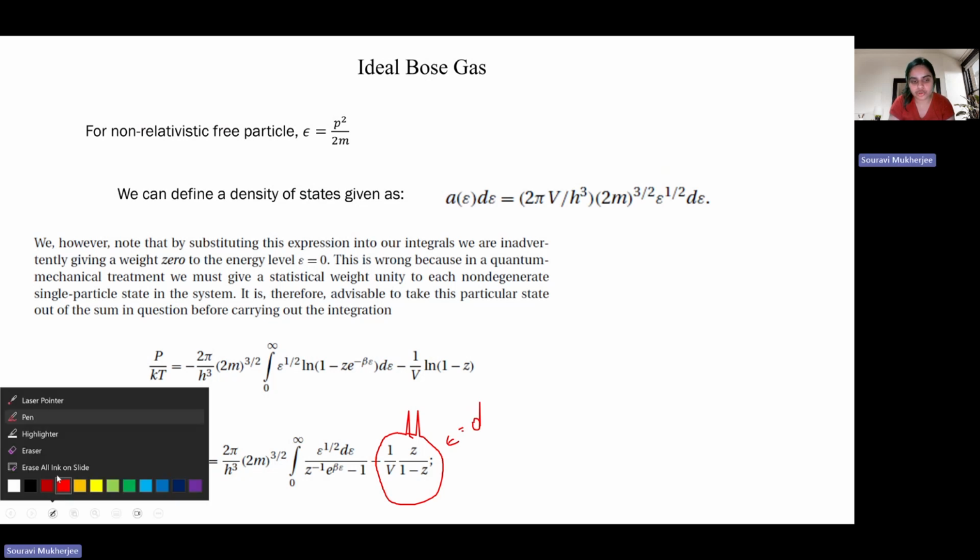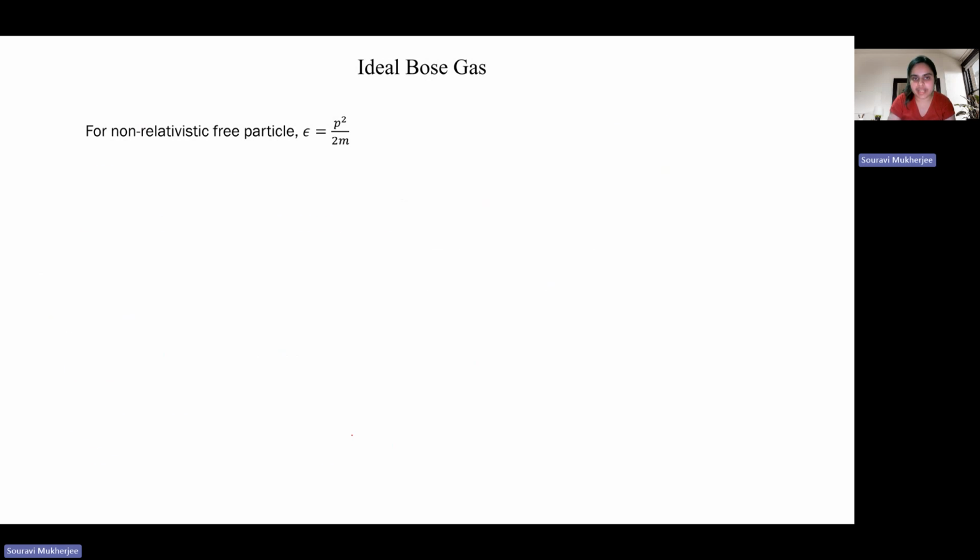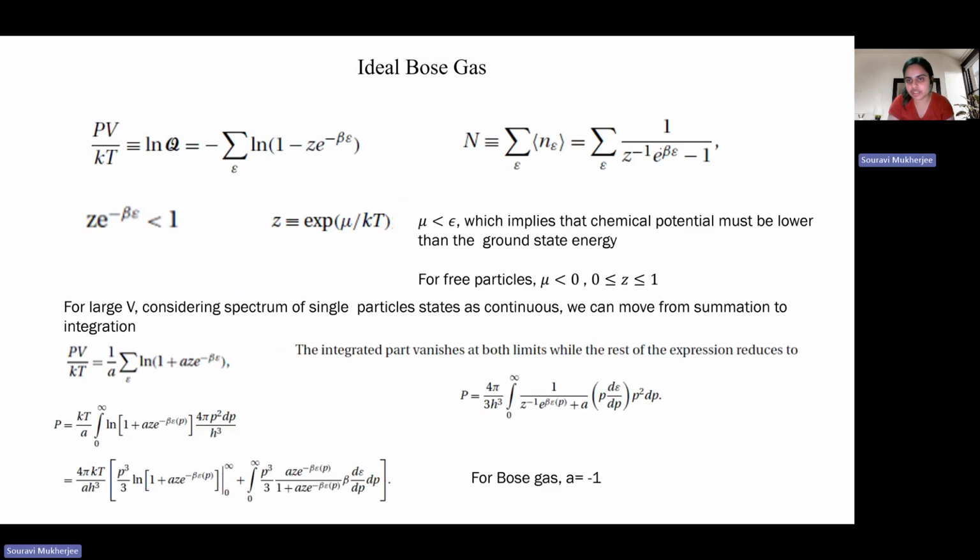So how do you do it? If I go back and consider this expression, and put epsilon equal to 0, what will happen? e to the power 0 is 1. So you would get 1 by z to the power minus 1 minus 1. So this is nothing but writing 1 by z minus 1. So you can take z above, and this will be like 1 minus z.